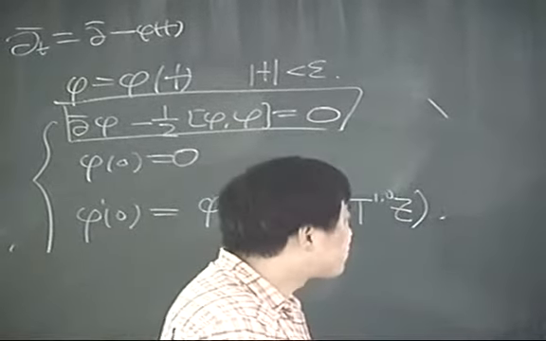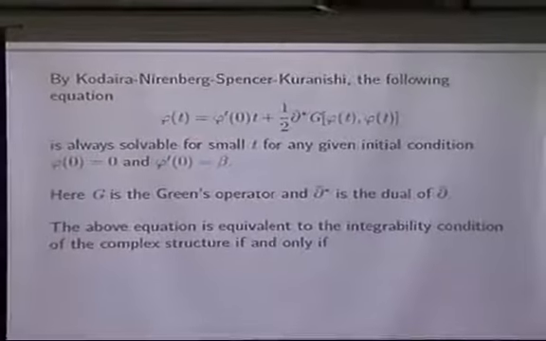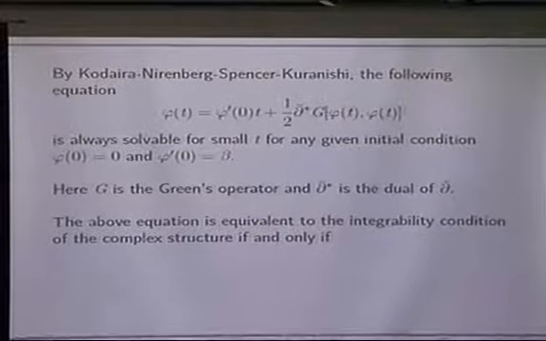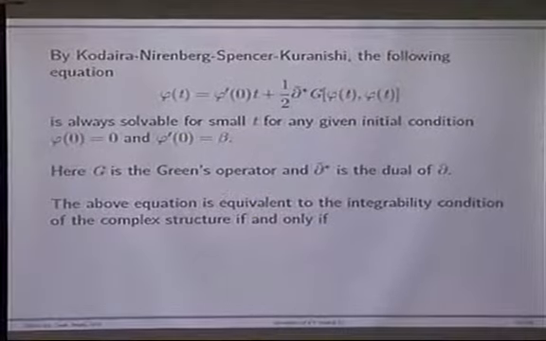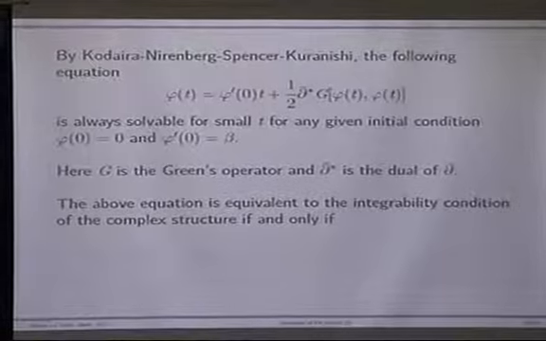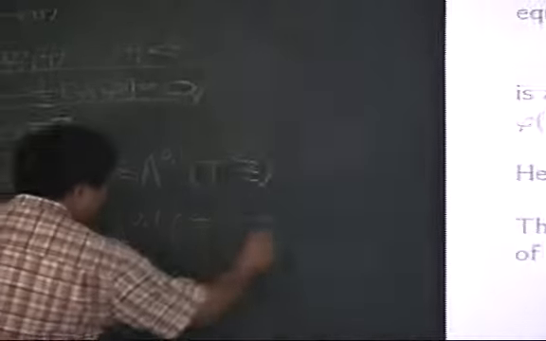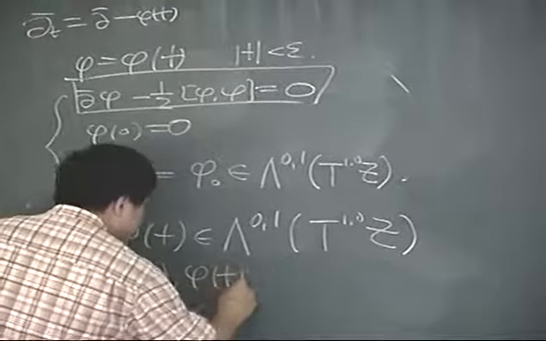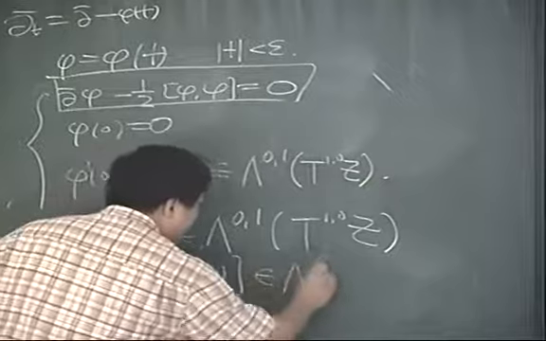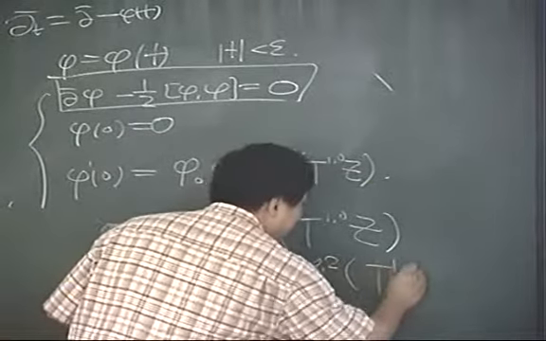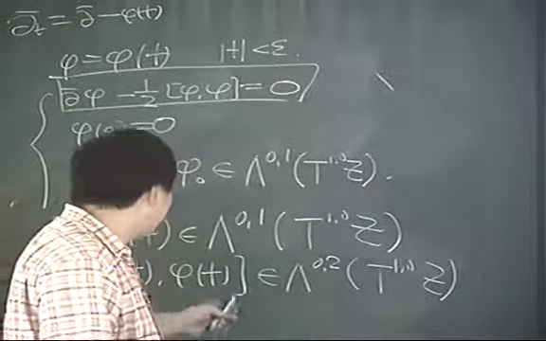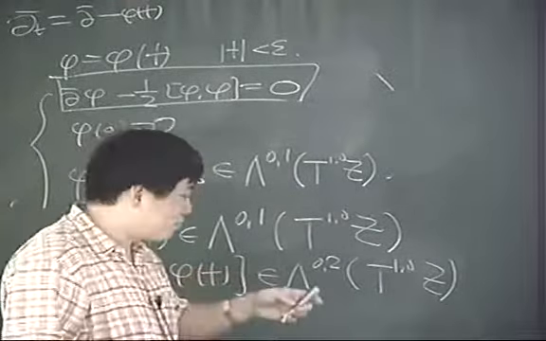Here the notations are: phi_t is always a (0,1) T^{1,0} form. So the Lie bracket of phi_t is still an element of the holomorphic tangent bundle valued (0,2) form.